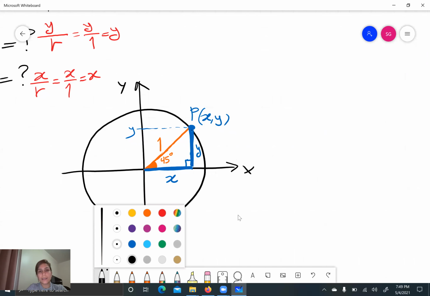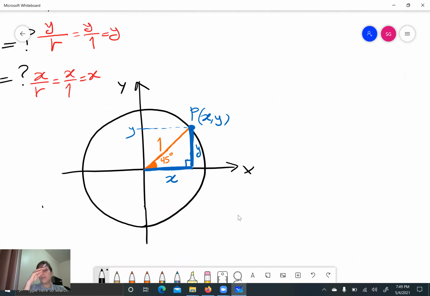We learned in high school that when you have a right triangle, first of all, the sum of angles is 180. So here we have a triangle. One angle is 90, the other is 45. So this one is also 45 degrees, right?